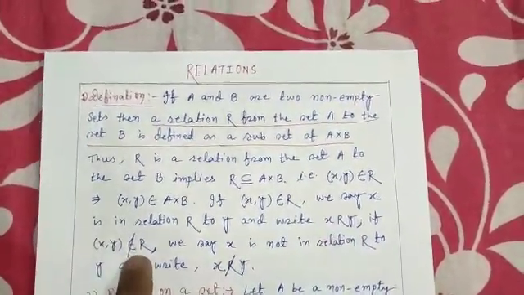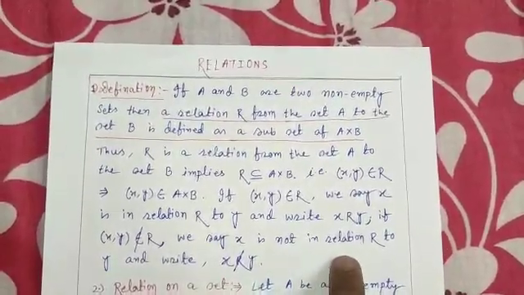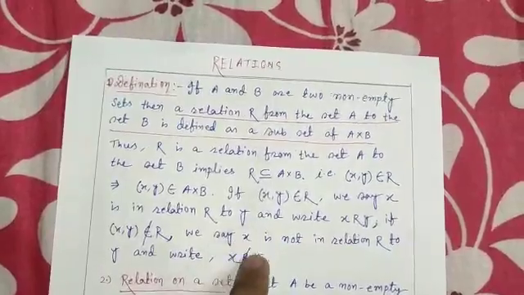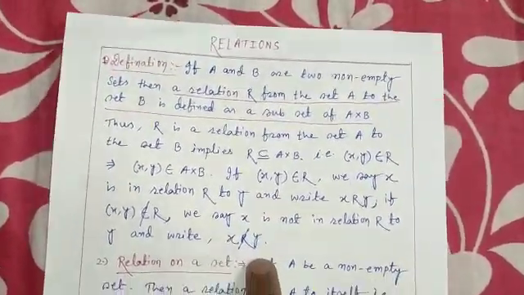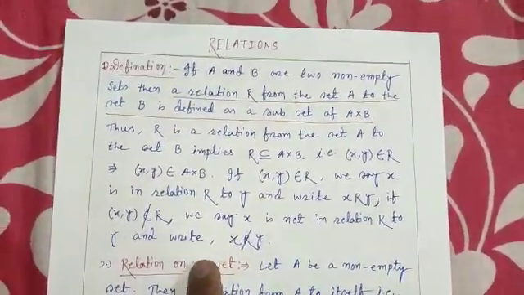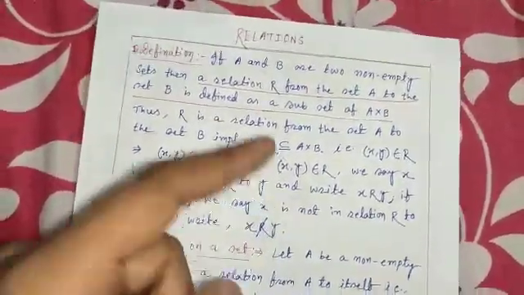If (x, y) does not belong to R, we say x is not in relation R to y and write x R with a slash through it, which means x is not related to y. If it is related, we write x R y; if not, we cut the R with a slash.